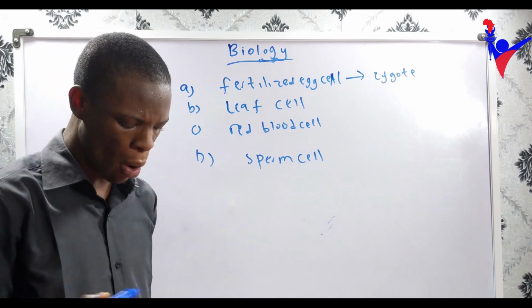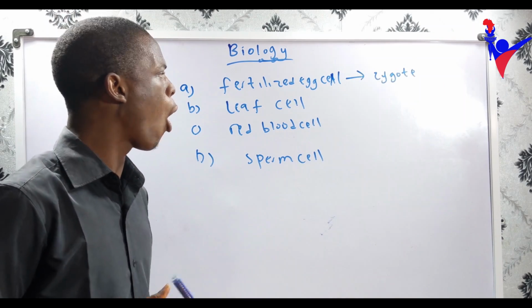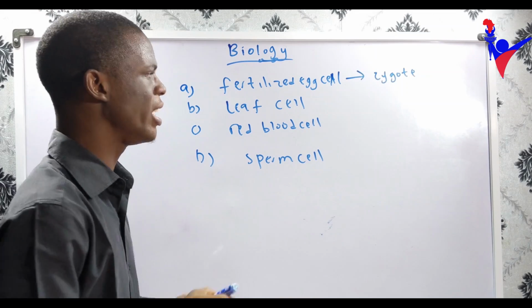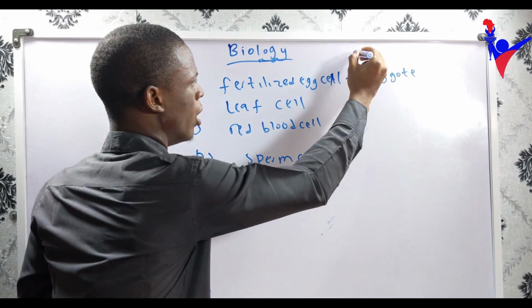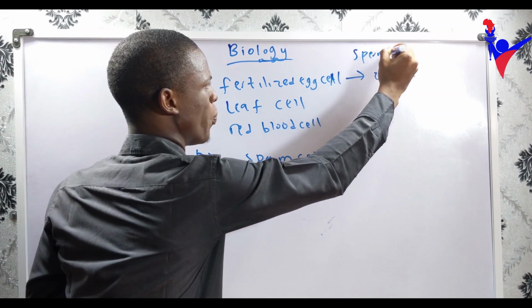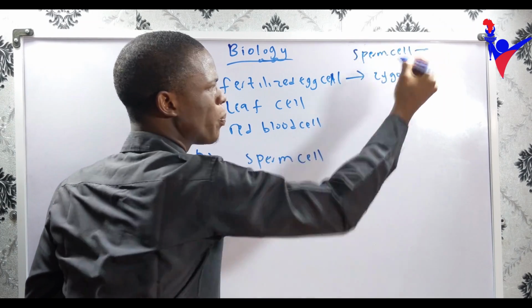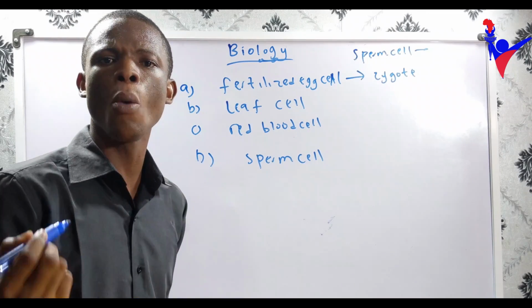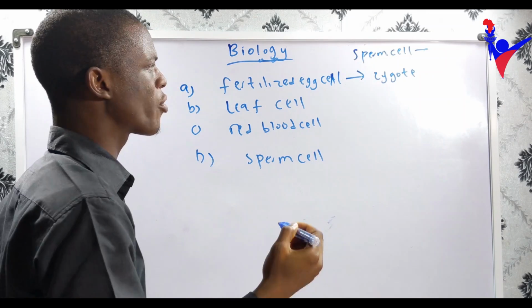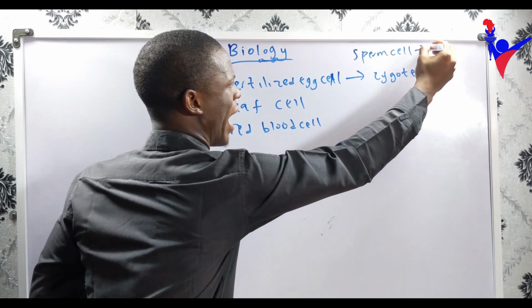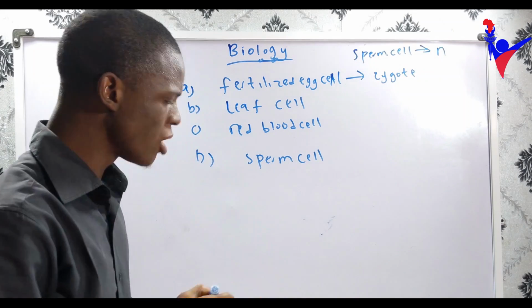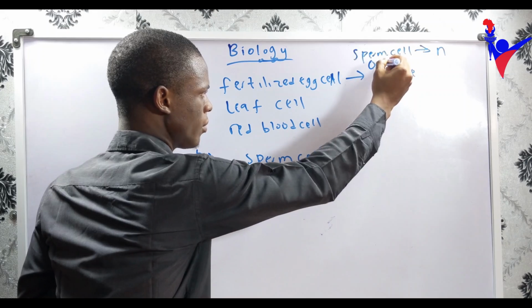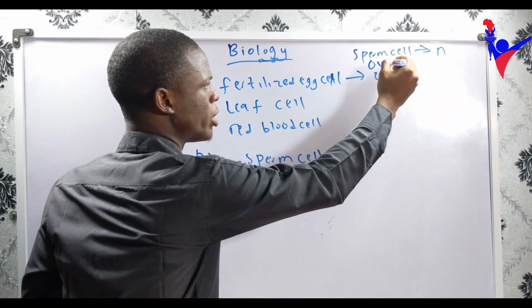The male gamete is called the sperm cell, and the sperm cell has a haploid number of chromosomes, represented by N. The female gamete is the ova in the plural form, and ovum in the singular form.